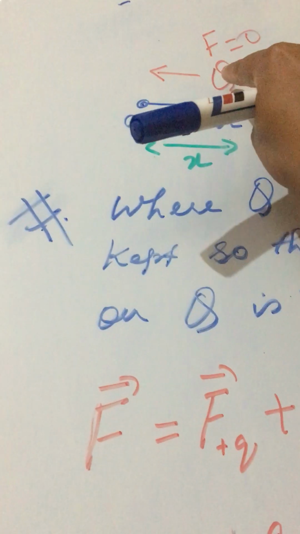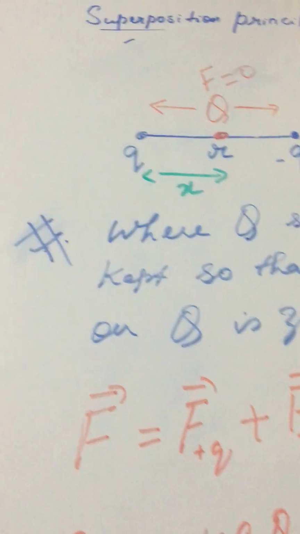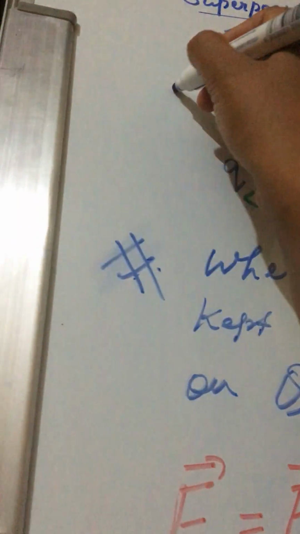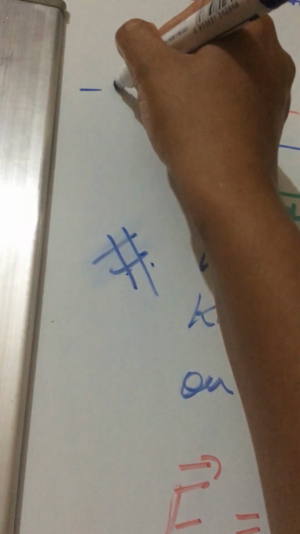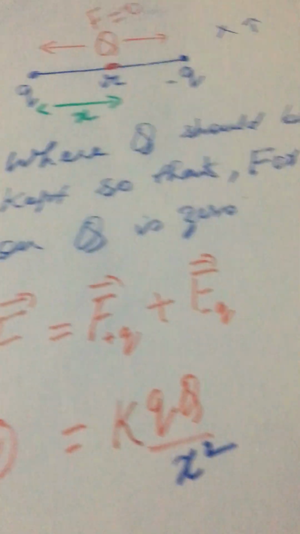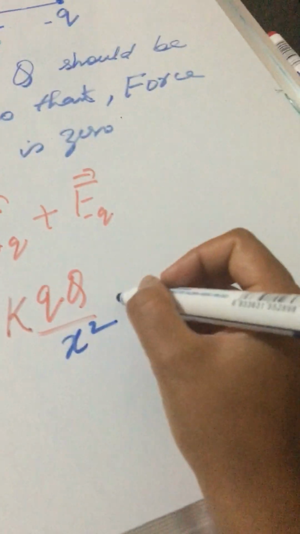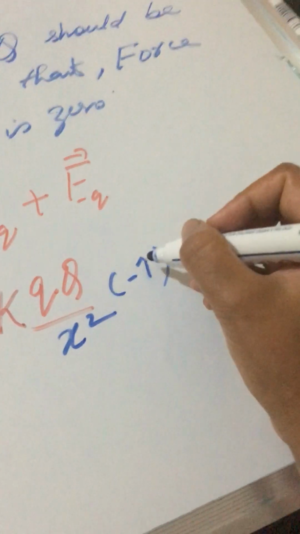Now in what direction is this experiencing the force? Minus i cap direction. X is i cap and this is minus i cap, right or not? In terms of vector we are writing. So this has to be minus i cap, right?